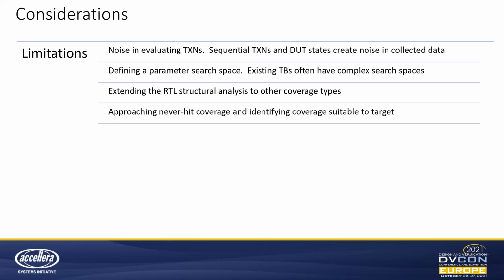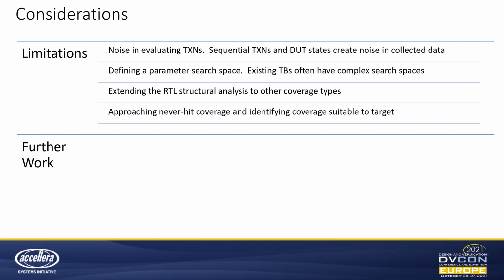In addition, this approach doesn't consider if the search space is insufficient to achieve coverage. And so never hit coverage is a challenge to identify as being hittable under this scheme. So again, this is trying to use existing random test cases, or random test cases developed for this purpose.